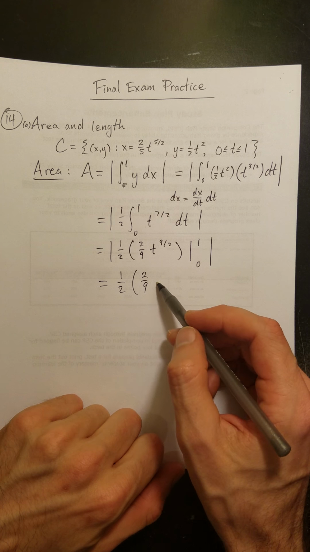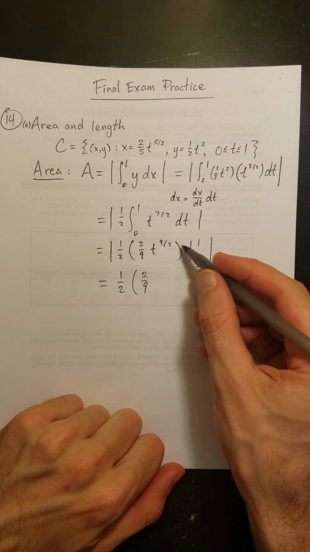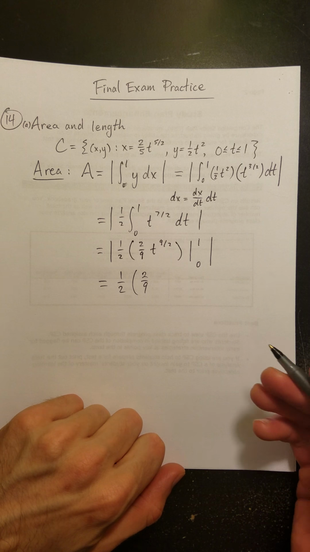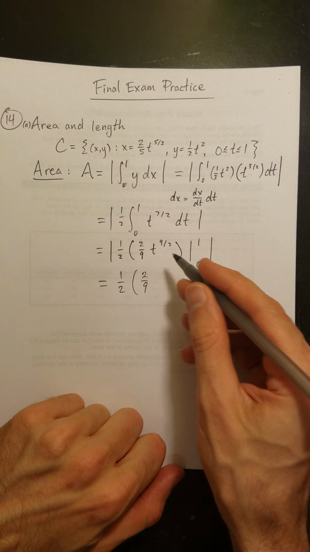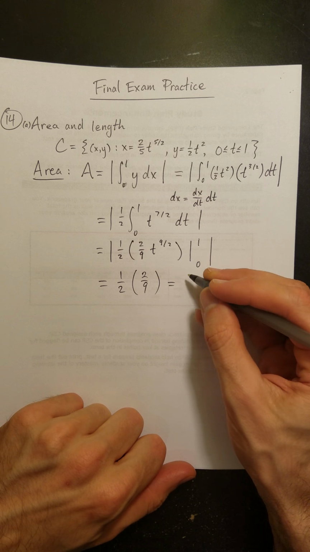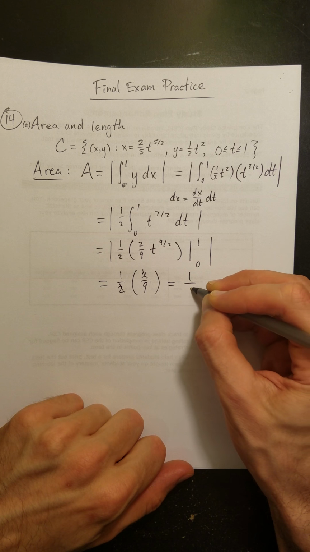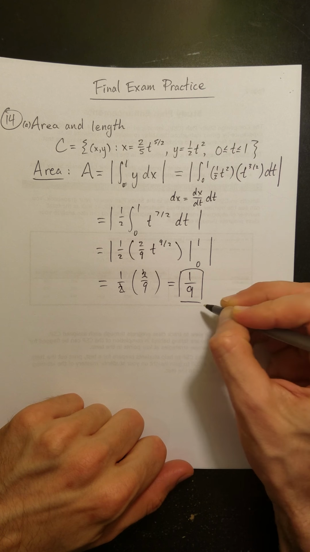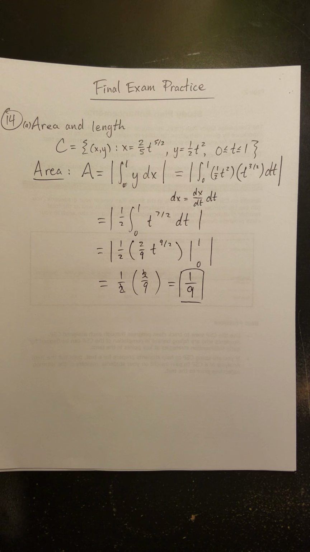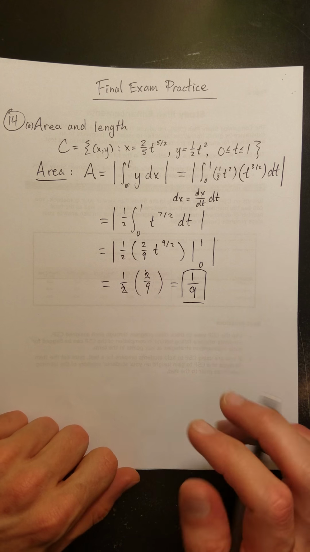So this 2/9 is multiplied by 1, and then for this term at t equals 0, it actually contributes nothing to the value of the integral, because that term is just 0. So this is the value of my integral. 1/2 is going to cancel with the factor of 2 in the numerator there, and so I get that the area under this curve is equal to 1/9. All right, so 1/9 for the area.